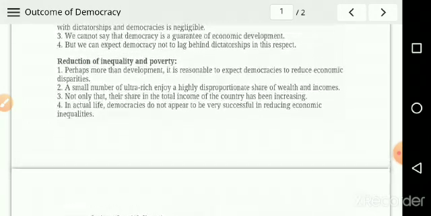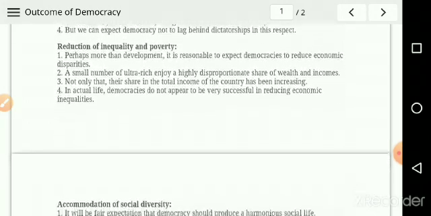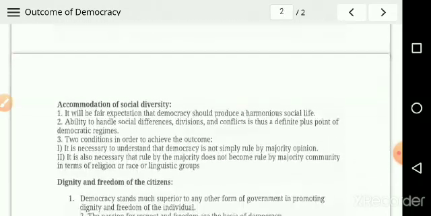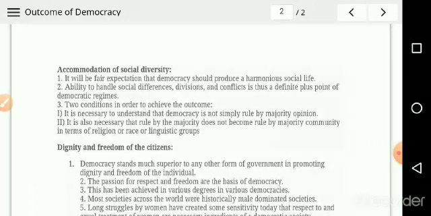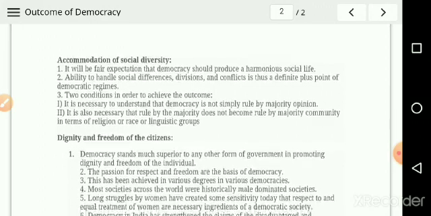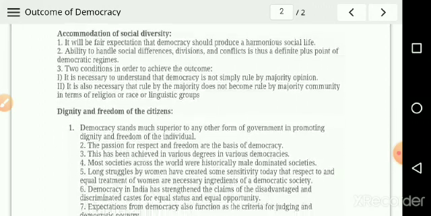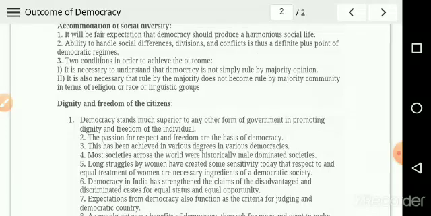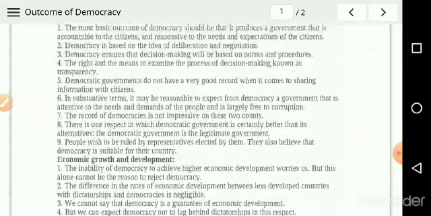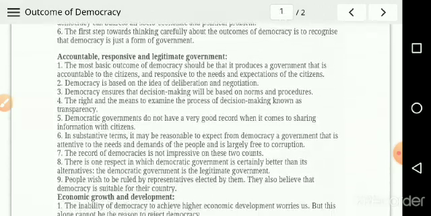If there is less inequality, then we can say there is very little poverty. The next thing is accommodation of social diversity, which is also a social aspect. Then the dignity and freedom of the citizen, which is also a social aspect. So we are going to see one by one. First one: accountable, responsible and legitimate government.